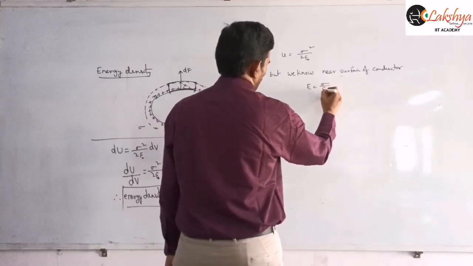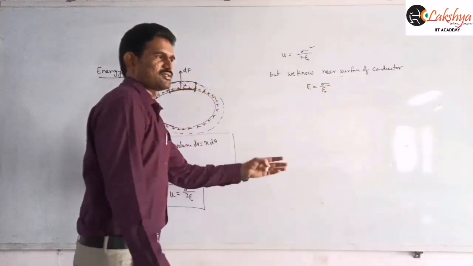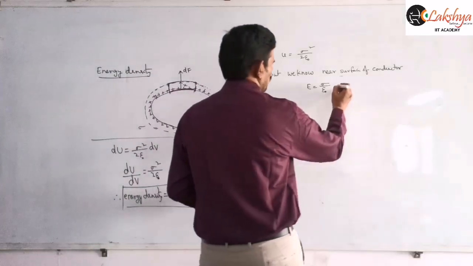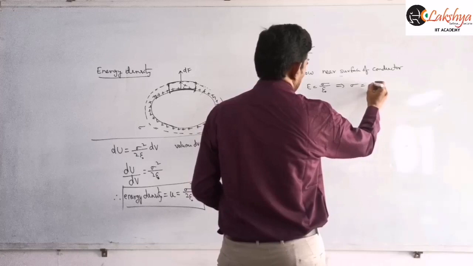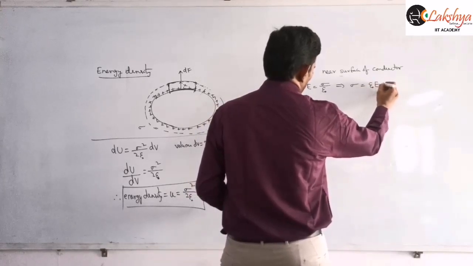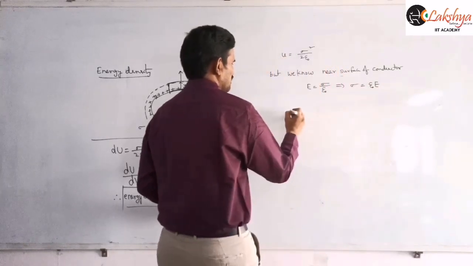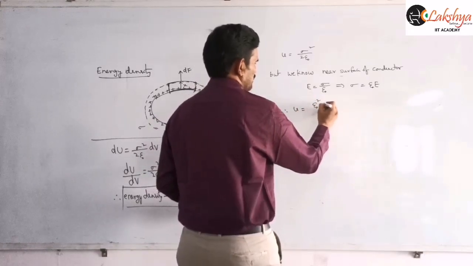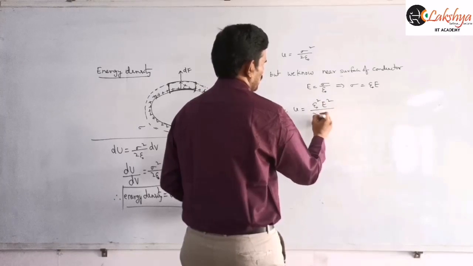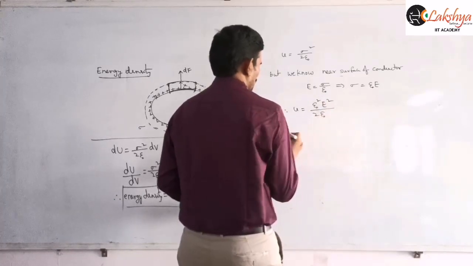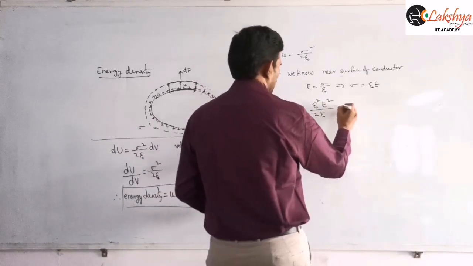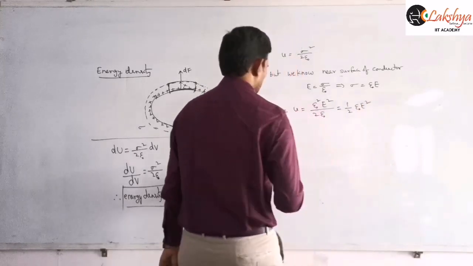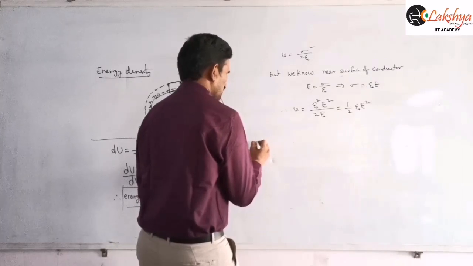This is the point for electric field near the surface of a conductor, which we derived already. So from this I am writing sigma is equal to epsilon naught into E. So let us substitute that expression here. Therefore u is equal to epsilon naught square into E square by 2 epsilon naught. Therefore finally we can write half into epsilon naught into E square.